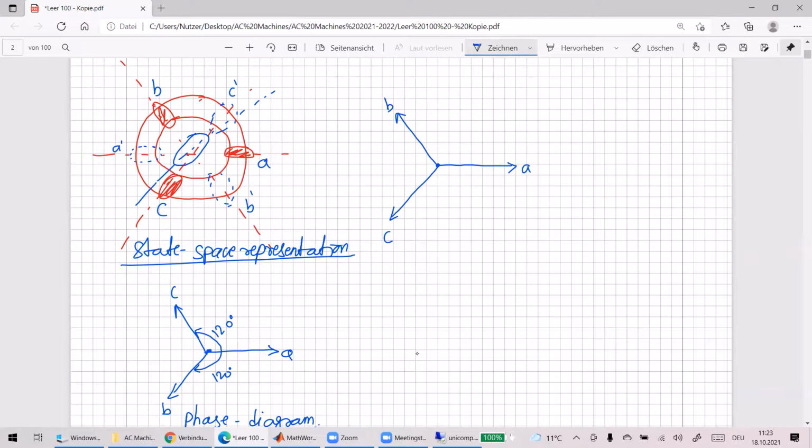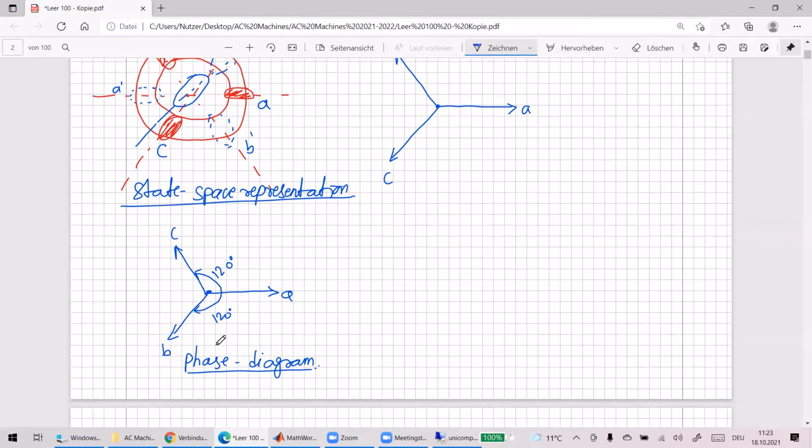Here we do not say the B axis is lagging A by 120 degrees. Here, in state space, the B axis is placed 120 degrees anti-clockwise. It is physically placed there and it stays there. So this is in a stationary frame, and the phasor diagram is actually in a rotating frame.